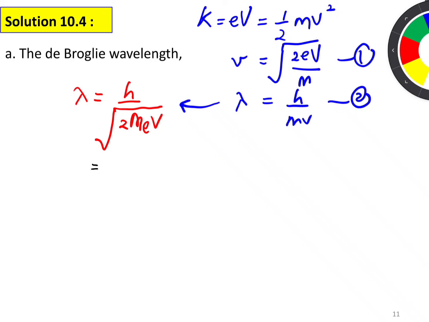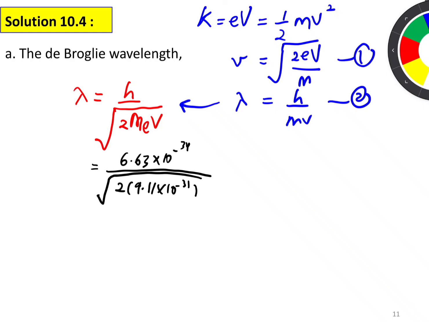So substitute the value 6.63 power of negative 34 bahagi dengan punca kuasa 2 darab dengan mass of electron 9.11 power of negative 31, and then charge 1.6 power of negative 19, and then potential difference 2000.